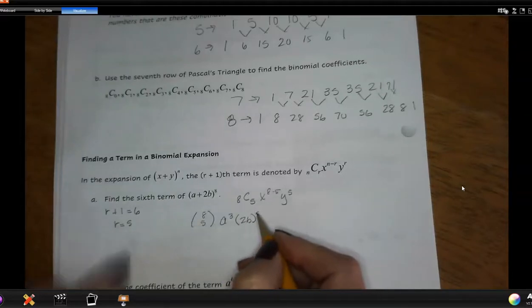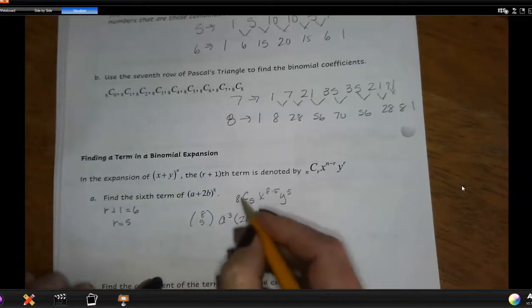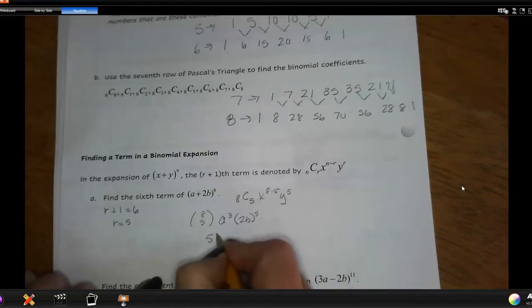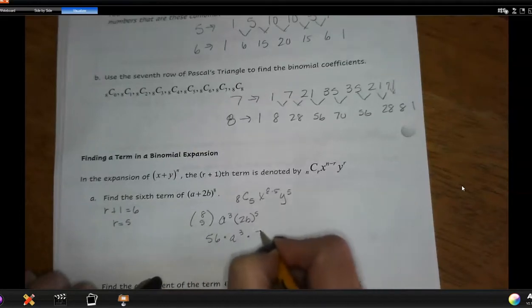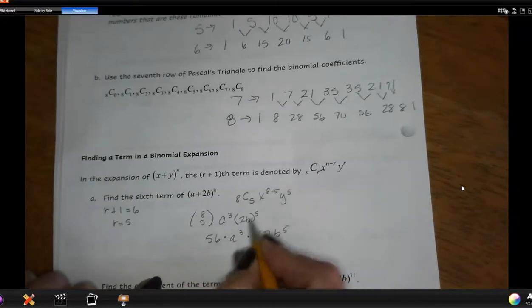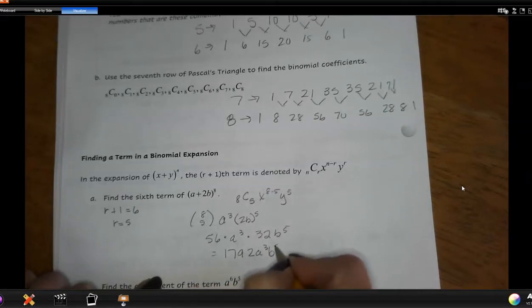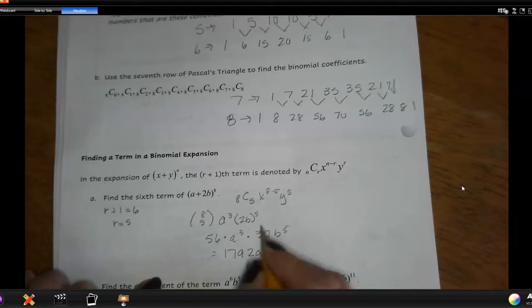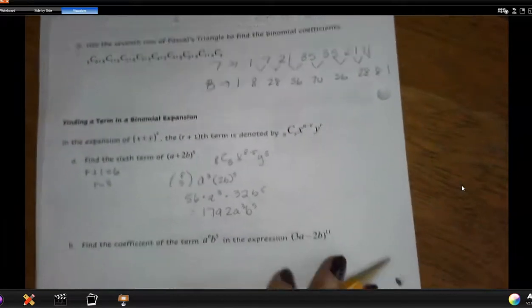So when I work on that, 8 choose 5 gives me 56 times a cubed times 2 to the 5th power, which is 32, b to the 5th. So this would be the sixth term. If we were to expand it all the way out, this would be the sixth term.